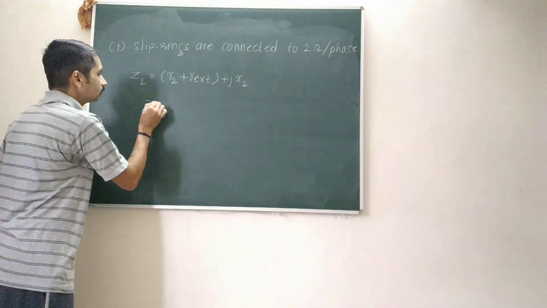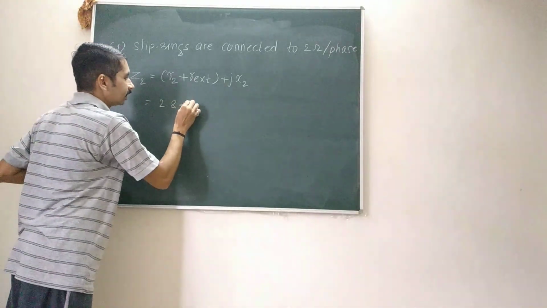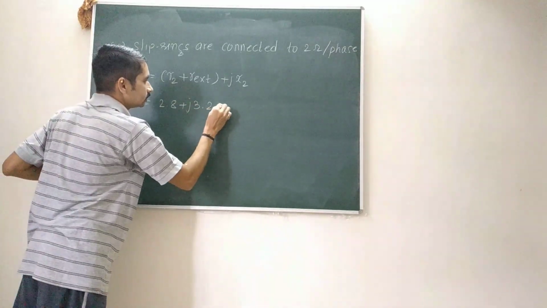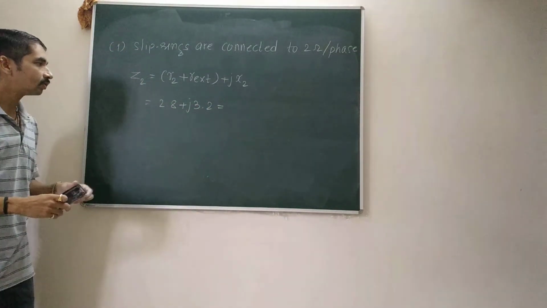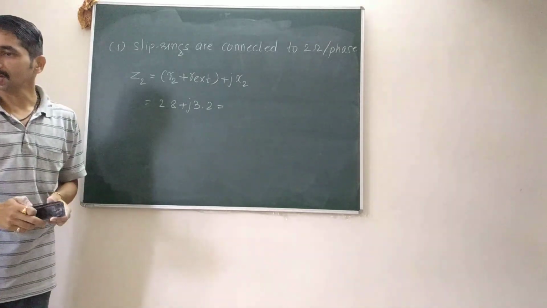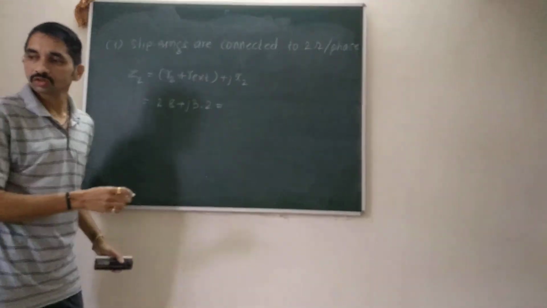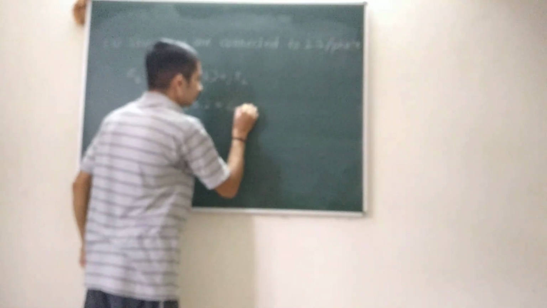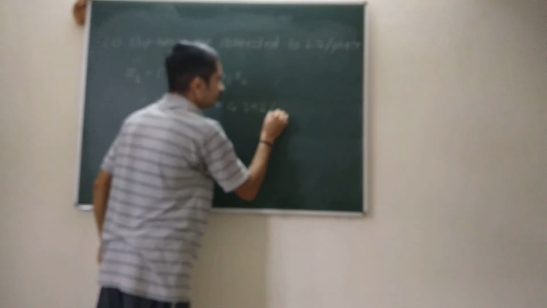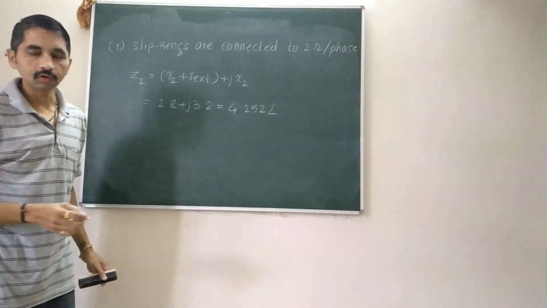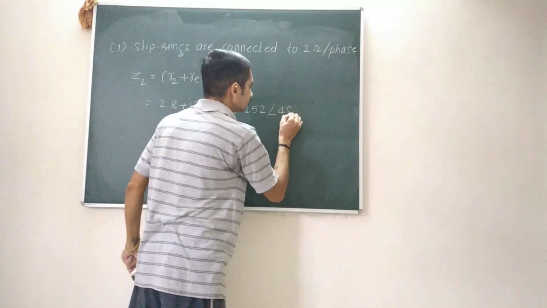So it will be 2.8 plus j3.2. I have to convert this expression into polar format. So I am getting the answer as 4.252 at an angle 48.81 degrees.